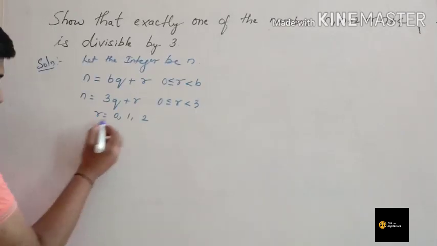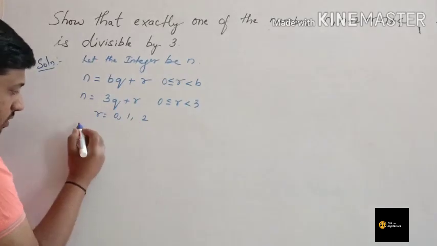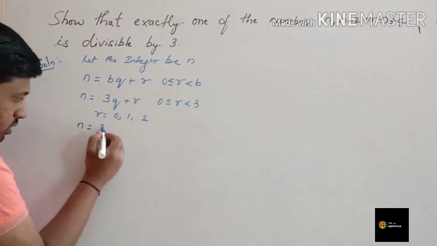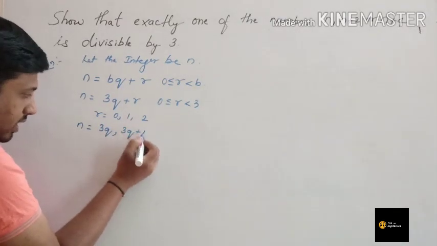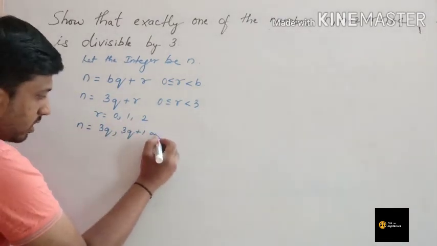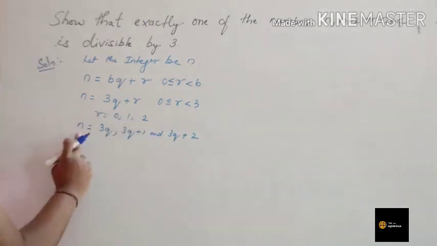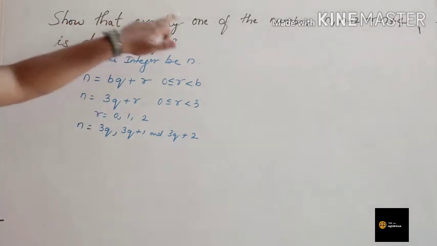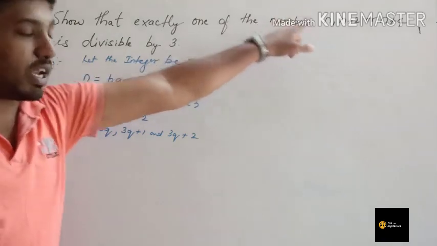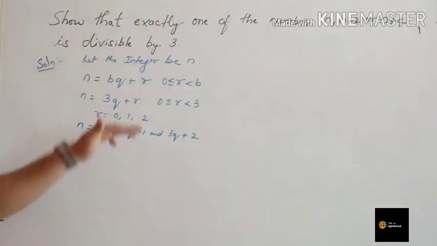Therefore, if we substitute 0, 1, 2 here in n, we will get n is equal to 3q when r is 0, 3q plus 1 when r is 1, and 3q plus 2 when r is 2. So we will get these three cases. Now the question is, we should show that exactly one of the numbers n, n plus 2 or n plus 4 will be divisible by 3 if we take three conditions.